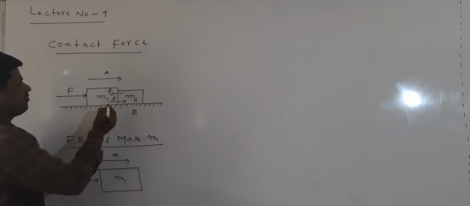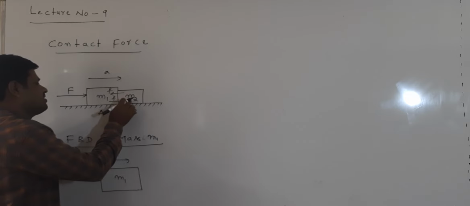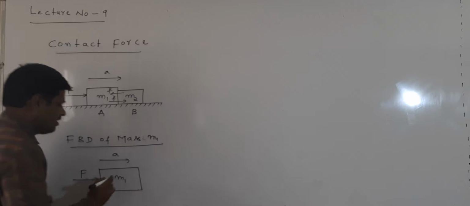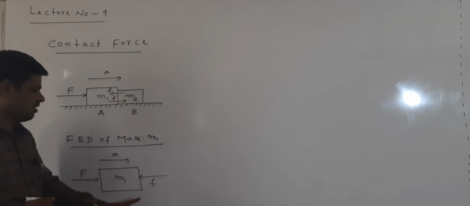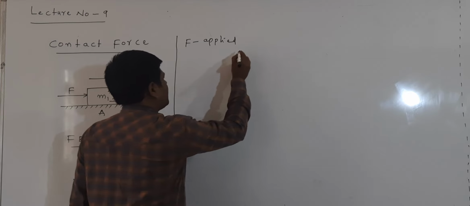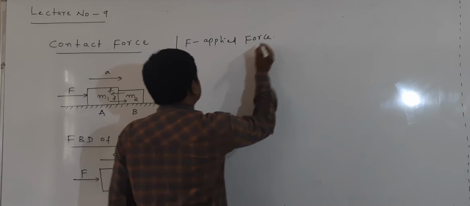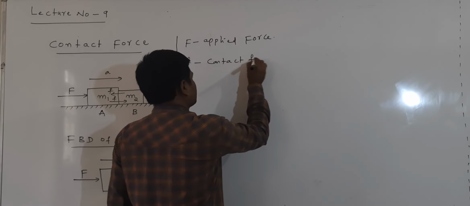Now the contact force means the force exerted by the M2 body on the M1 body. I take that contact force as small f. Capital F is the applied force, and small f is called the contact force.